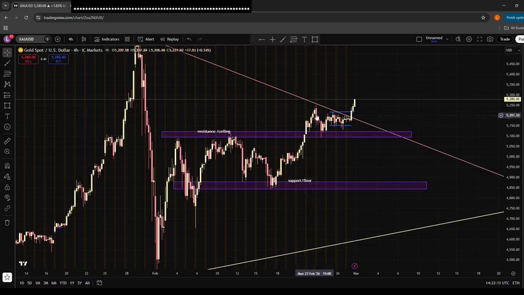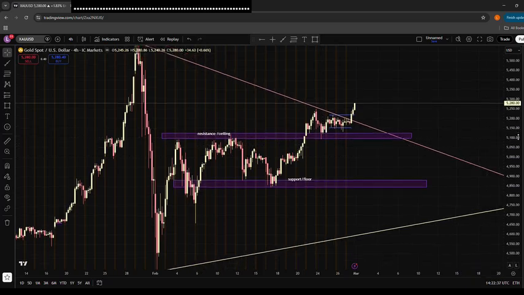Or you can wait for it. Once it breaks the resistance, it will generally always come back down to retest it. Generally, as a rule. But sometimes when gold is on a run, which I am more than sure it's going to be come Sunday when the market's open again, because there is war going on in Iran today.